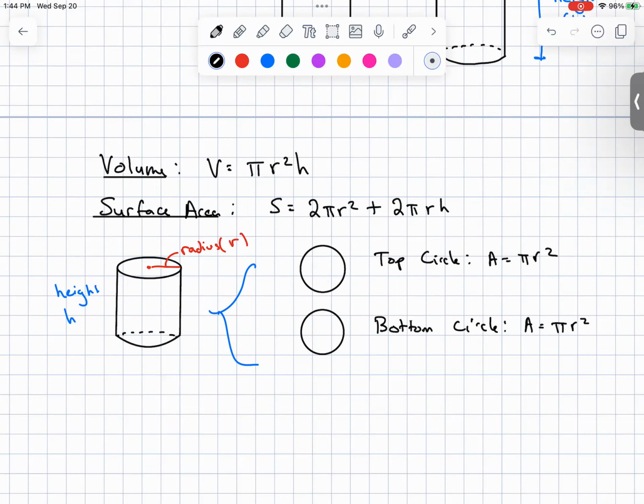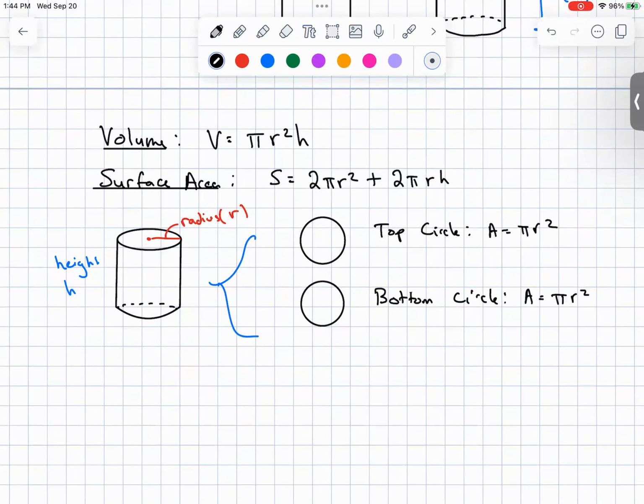And why then would be that little piece, if I were to take that sheet of paper, where's that 2 pi RH coming from? If I were to take that piece of paper and snip it at one spot vertically, I could roll it out into a flat rectangular piece. And the height would be H. And the width?